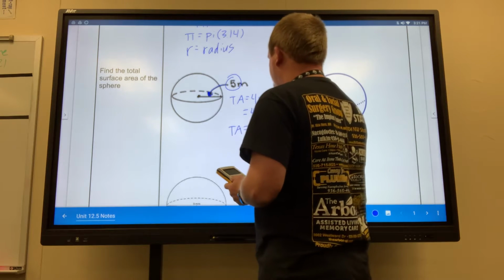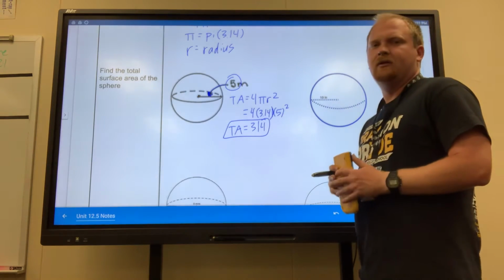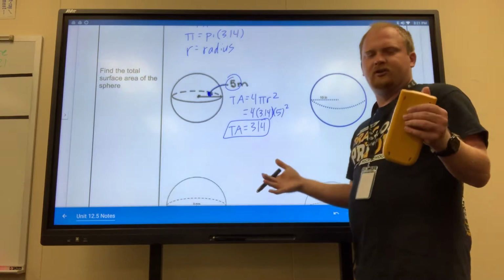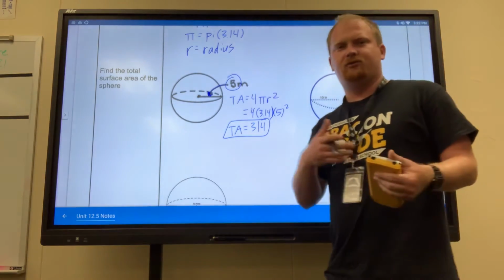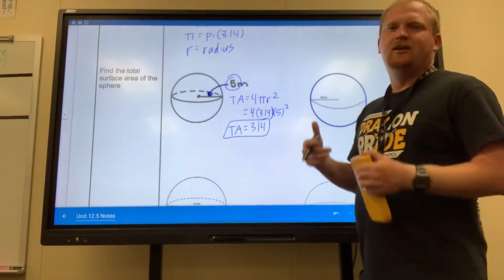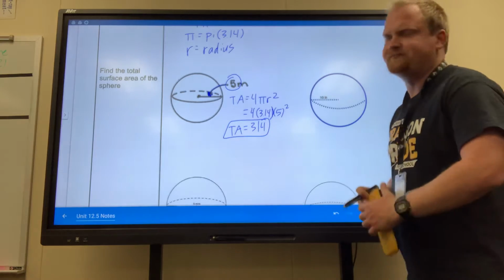So 314 is my surface area for that sphere. Okay, no decimals, luckily, but we would normally have decimals because the regular pi has longer decimals. But since we're rounding to 2 decimal places, it works itself out.